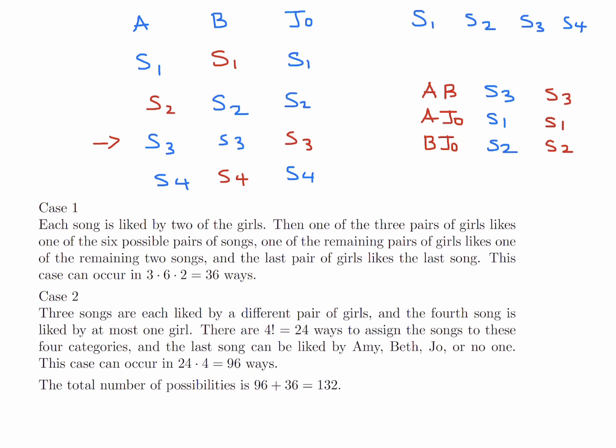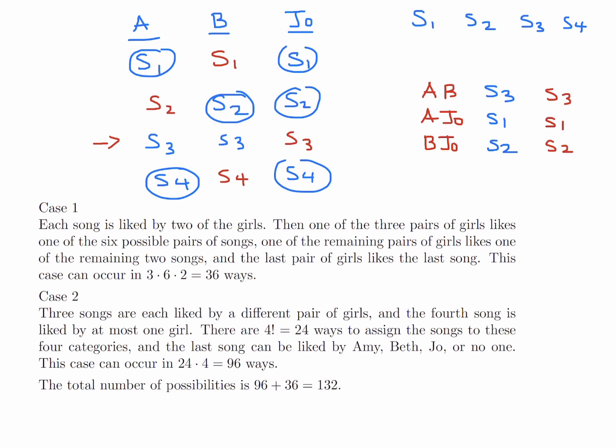So for example, A and Joe like S1 and S4. One of the remaining pairs likes one of the remaining two songs. So that, let's say B and Joe, they like S2. And the last pair likes the last song. So the last pair is A and B, and they like S3.